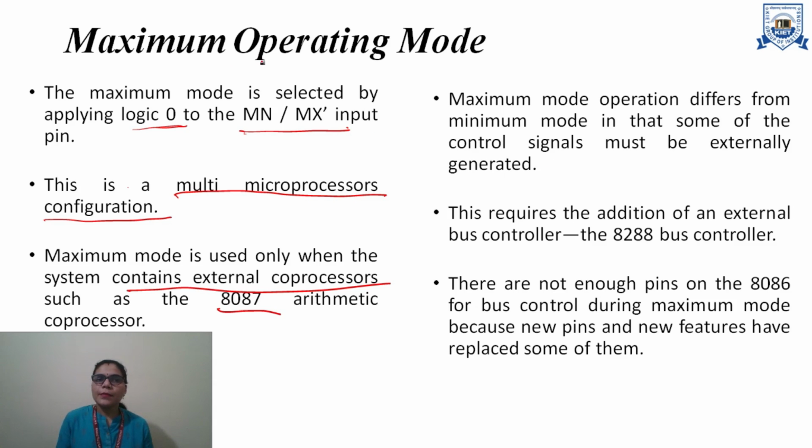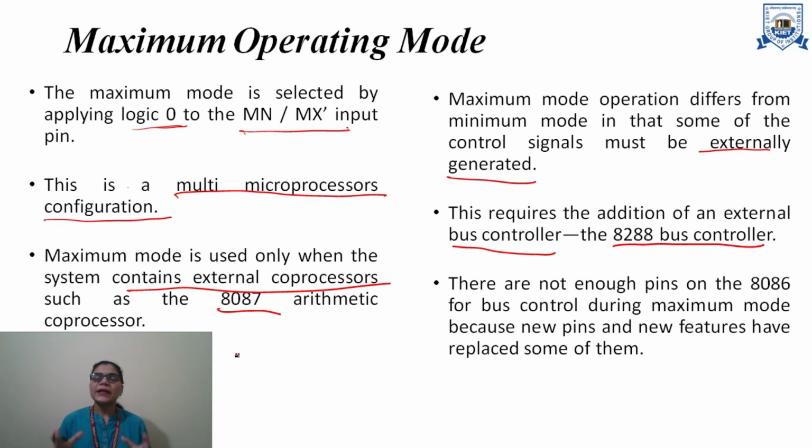Whereas in maximum operating mode, control signals must be generated externally. For maximum mode of operation, the 8086 processor will generate control signals externally. And to generate these control signals, it requires a bus controller, the 8288 bus controller component.